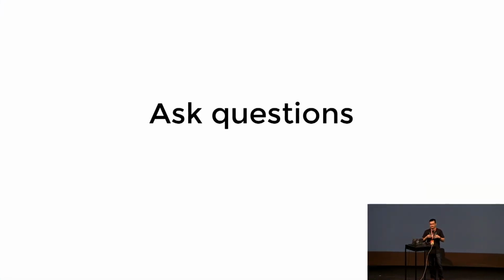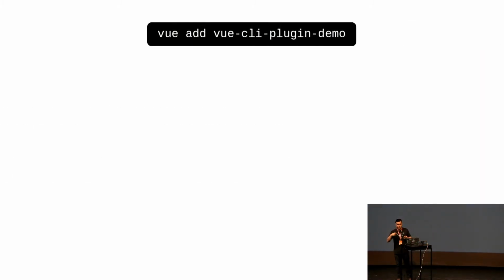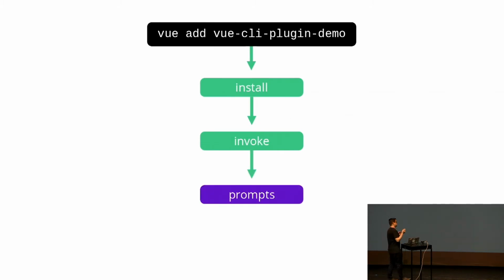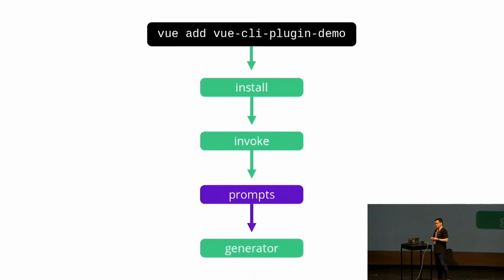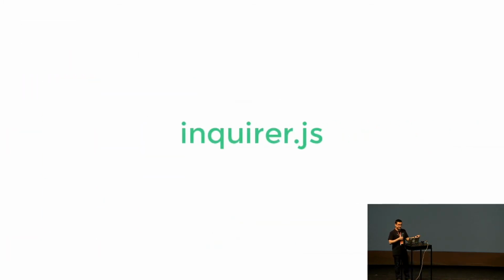When you add a new plugin to the project, it's going to install it first and then invoke it, and if it has prompts, it will ask the questions contained in the prompts file, and then will execute the generator. For the questions, we are using this library called inquirer.js.